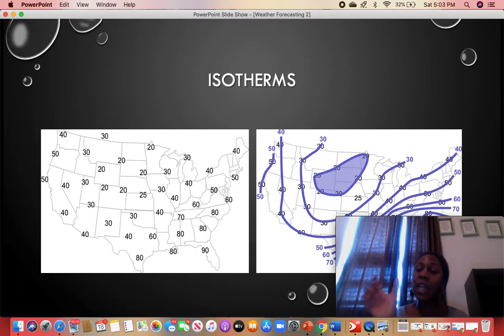Therm means temperature. Iso means equal, so equal temperatures. So everything that's equal gets connected in the line. It's kind of like a dot to dot type thing. Okay, so again, this gives meteorologists a visual of how weather patterns are looking across a particular region.